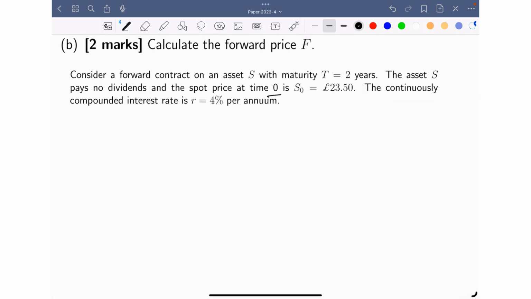Okay, B, calculate the forward price F. So just straight ahead, we know our formula of forward price is equal to e^(rT) S0.